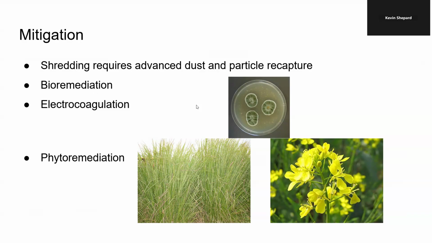With bioremediation, this mold that we see can break down microplastics by up to 75%. However, you need certain treatments to make sure the adsorbed metals don't impact the mold, because they can potentially kill it.